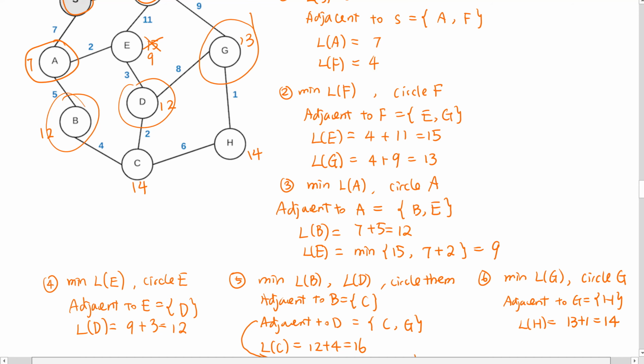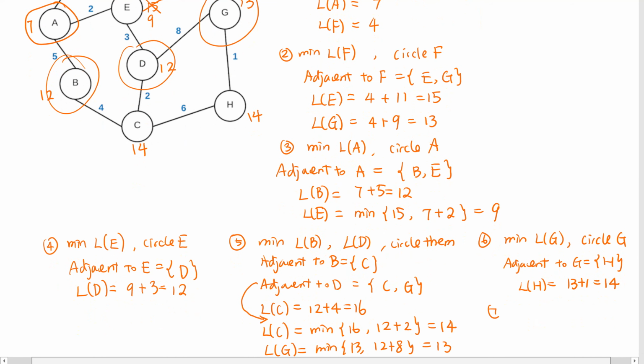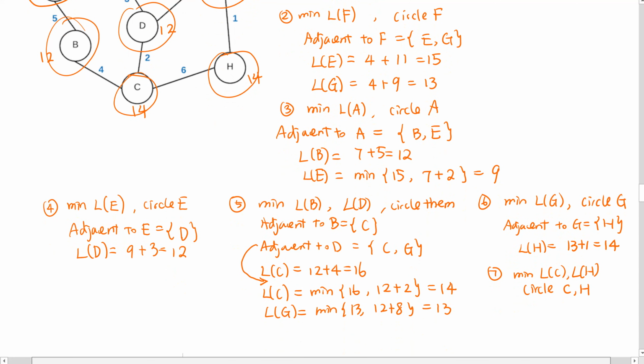Now you can see the minimum is LC and LH, so we can circle C and H. Now the process ends here. LC is 13. Oh, sorry, 14, I mean.